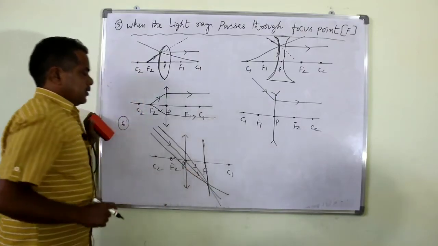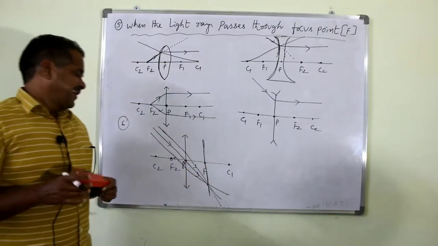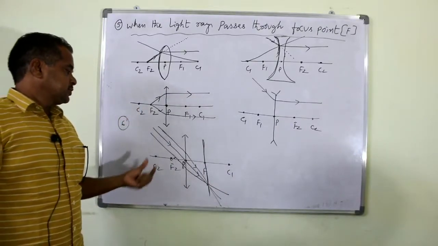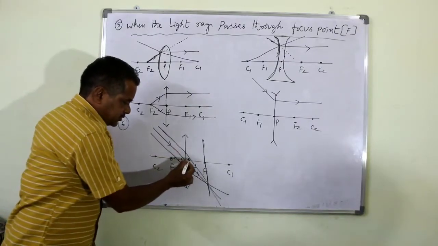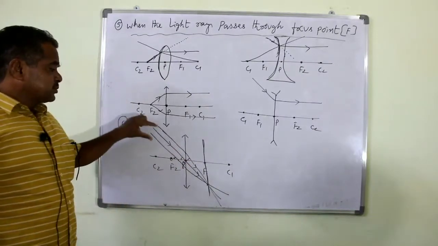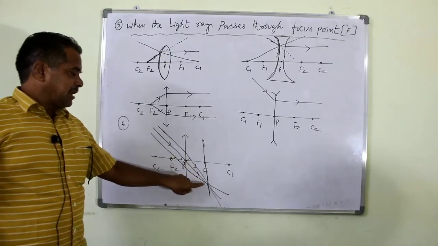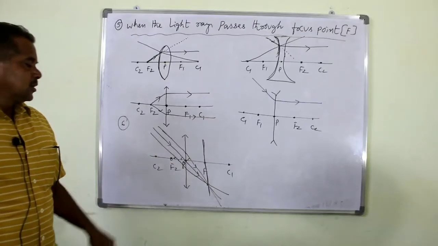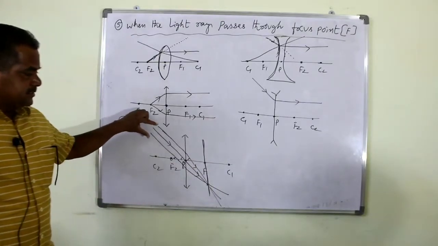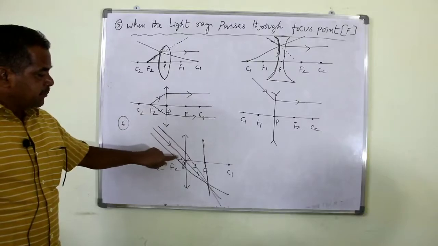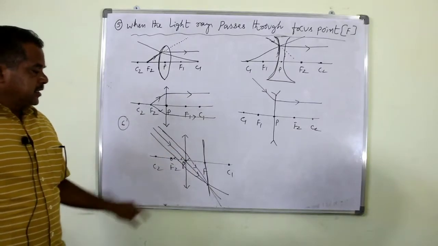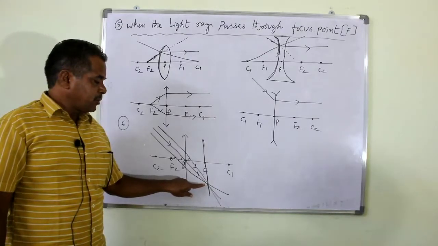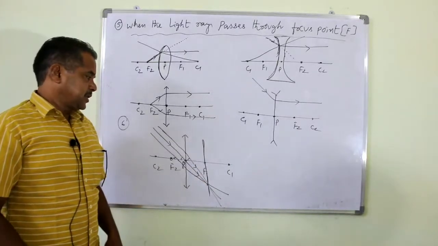So by observing this diagram, we can conclude that any light rays which come from any light source and make some angle with the principal axis, the corresponding refracted rays converge or meet at one point on the plane of the focus point.